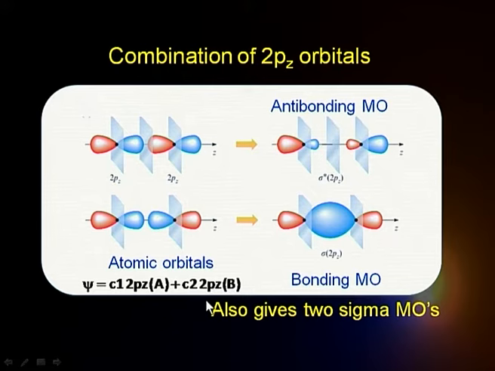I will not get into that, but qualitatively speaking, these 2 atomic orbitals, 2pz of atom A and 2pz of atom B, combine constructively. You can see that the similar colored lobes are together. So, they combine, and there is an increased electron density in the internuclear region. So, this is a bonding molecular orbital.